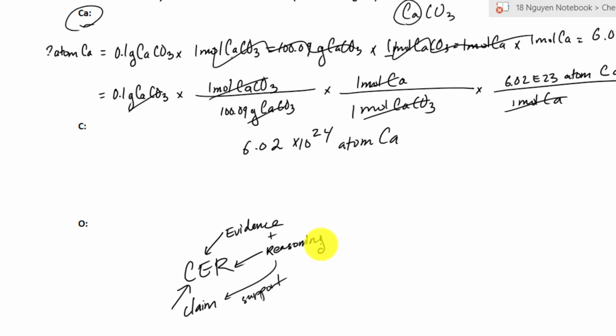Boom. That's one claim. Or how about I'll give you another one. According to my observation from the lab, I can determine that it is possible to count matter at the molecular level and the atomic level.